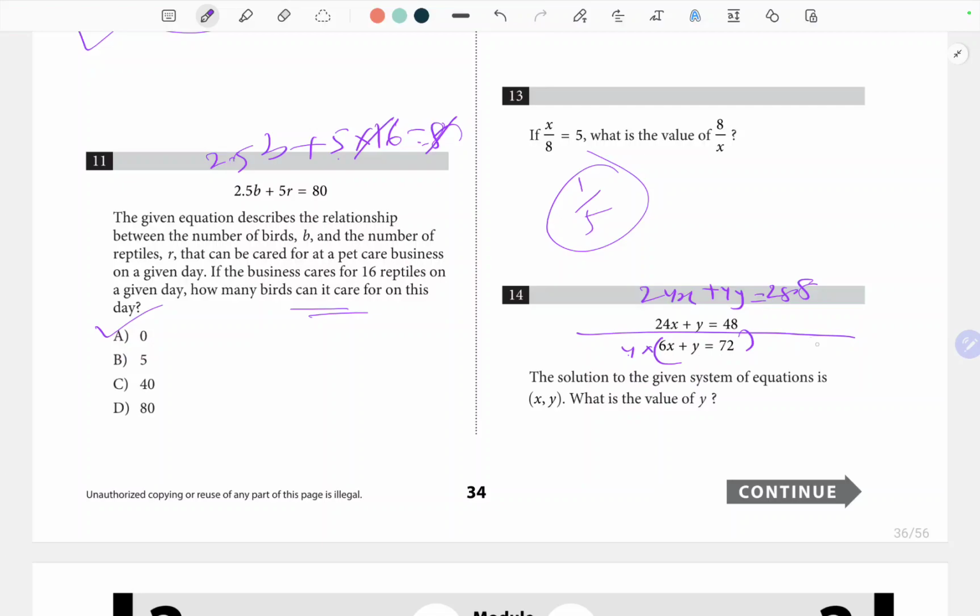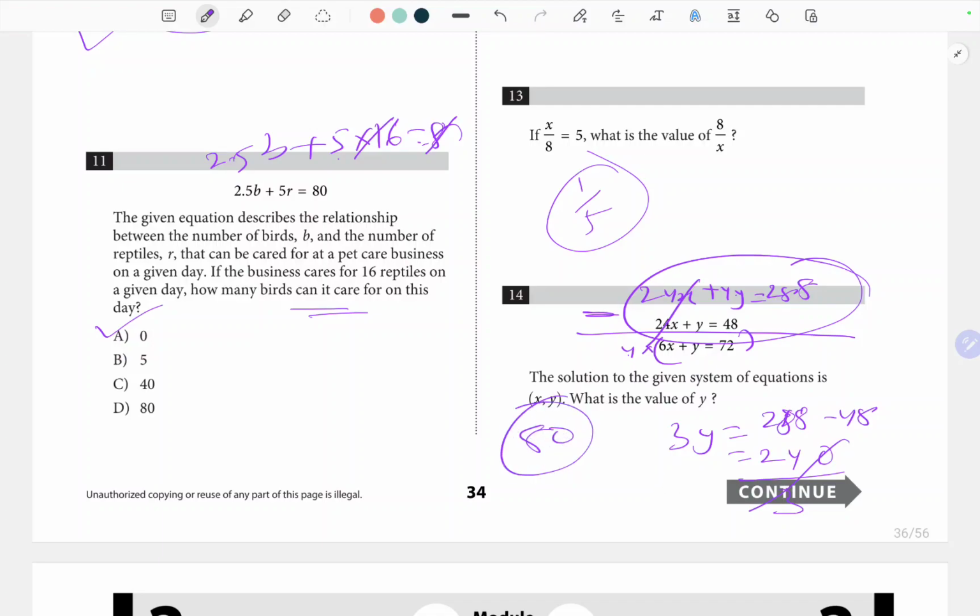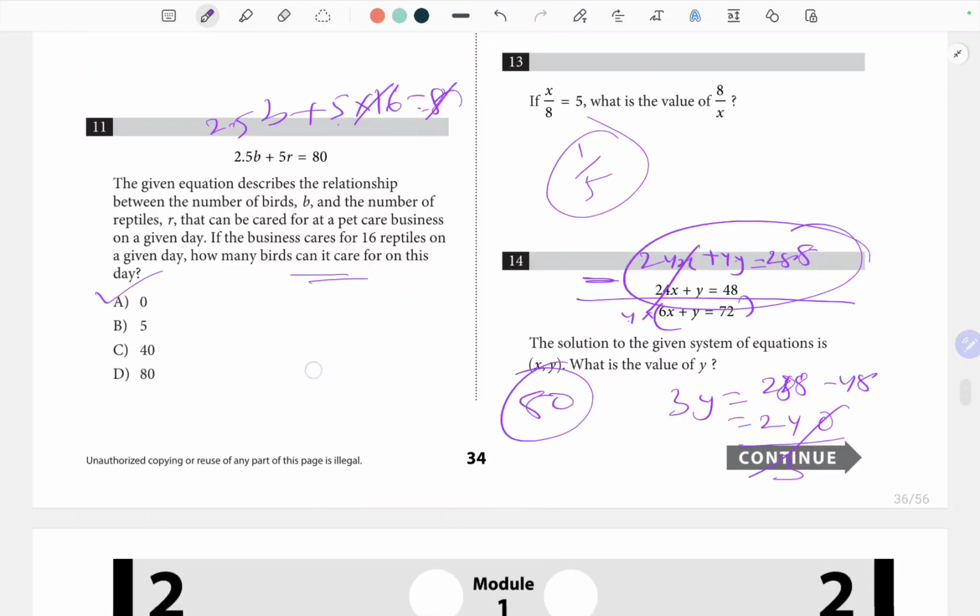Now what we can do, we can take subtraction of these two. So 24x and 24x cancel, 4y minus y will be 3y, and 288 minus 48. So this is 0, this is 4, this is 2 over 3, so 80. It should be 80. Y should be 80.